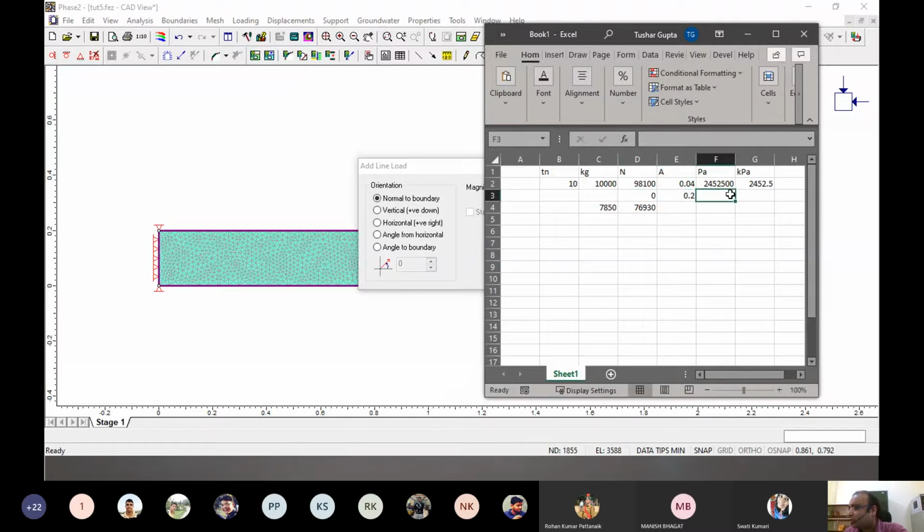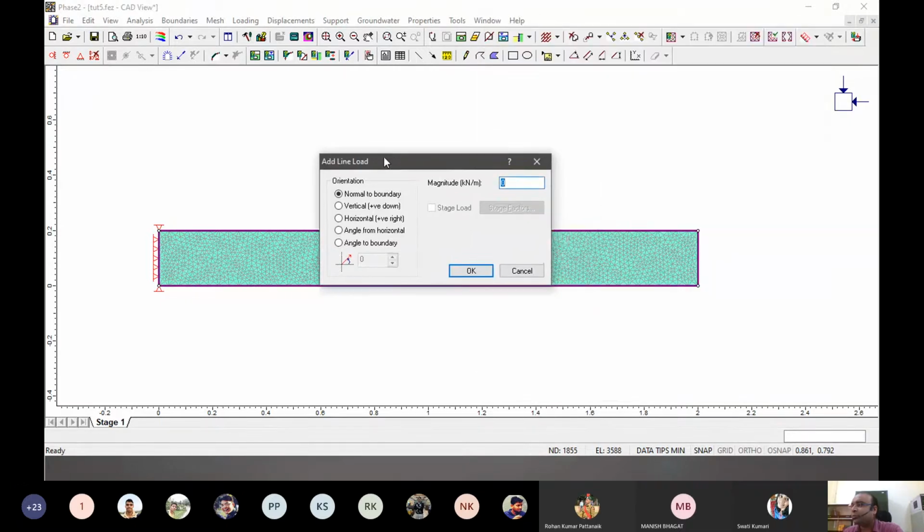What we'll have in newton per meter will be this, and in kilonewton per meter we can divide it by 1000. So 490.5. Swati, did you use this value, 490.5?